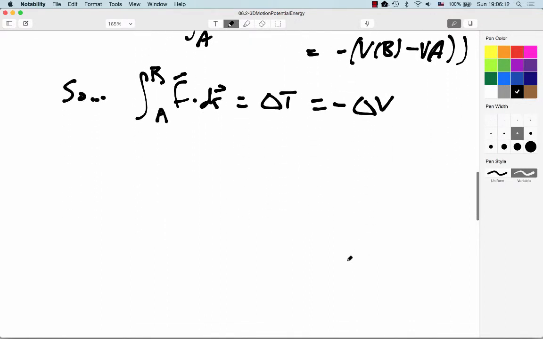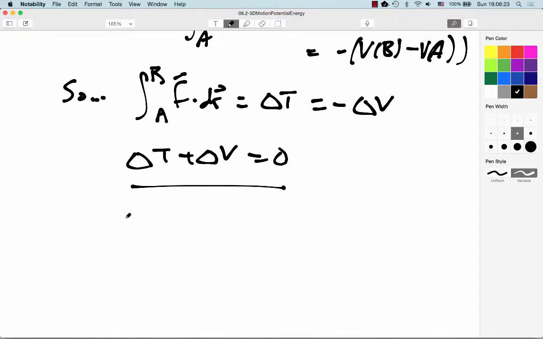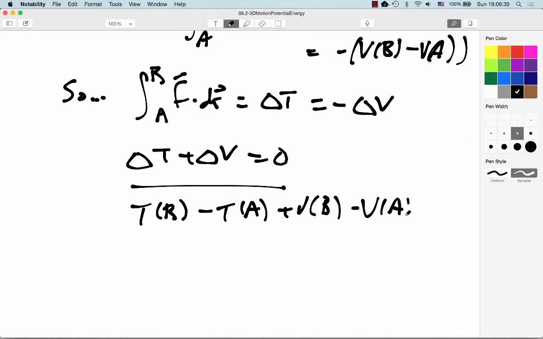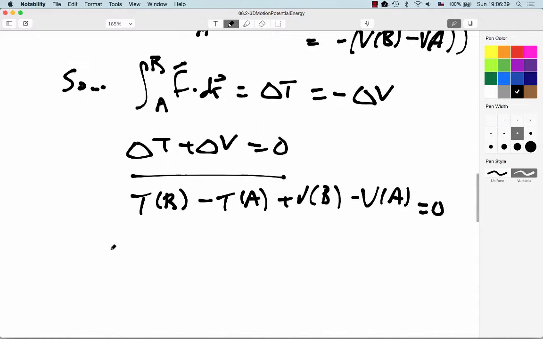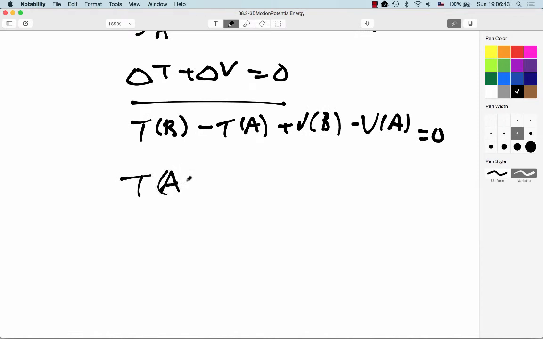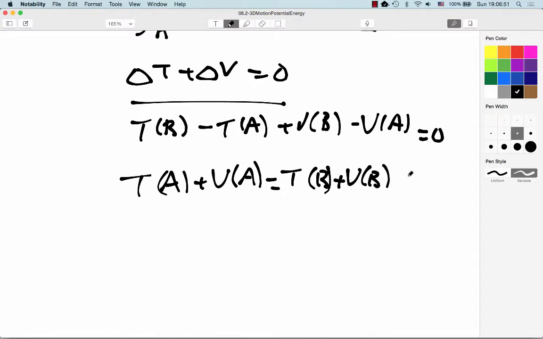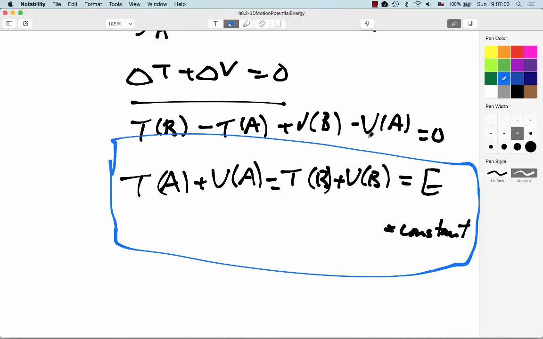So I can rewrite this as delta T plus delta V equals 0, or T at b minus T at a plus V at b minus V at a equals 0, or I can rewrite that as T at a plus V at a equals T at b plus V at b equals some sort of constant that we'll just call E. That constant, of course, is the total mechanical energy.